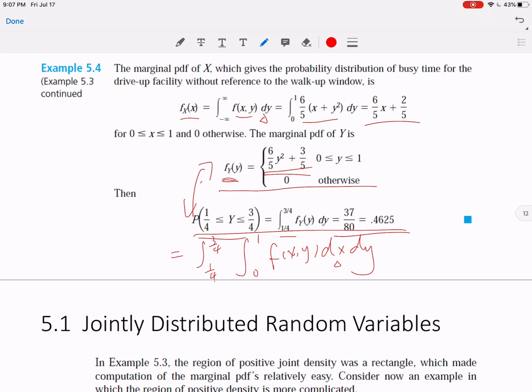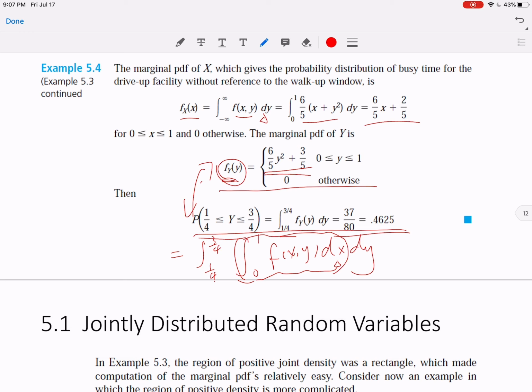This is kind of skipping steps. Actually, they are not much different, because let's take a look at what we did inside here. This inside integration is exactly the same thing as what we do for finding the marginal PDF of y.